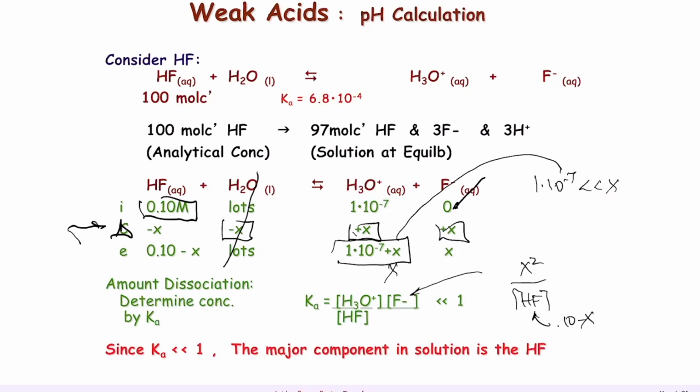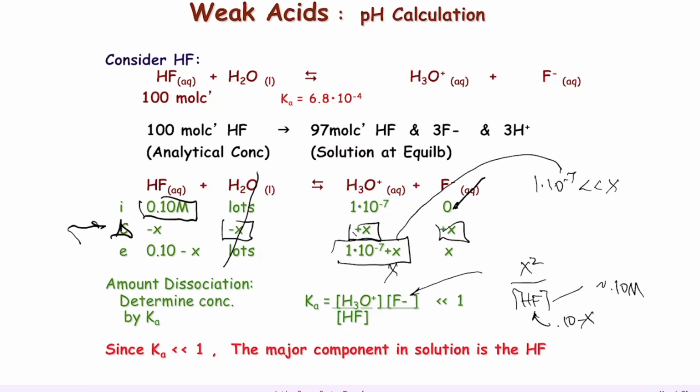And so you have another assumption that you can make here, and that's that HF is approximately equal to 0.10 molar. That simplifies the math tremendously. That's why you can use the shortcut that I'm going to introduce to you in the next slide. And that's equal to Ka.